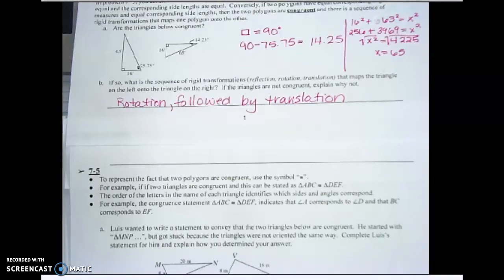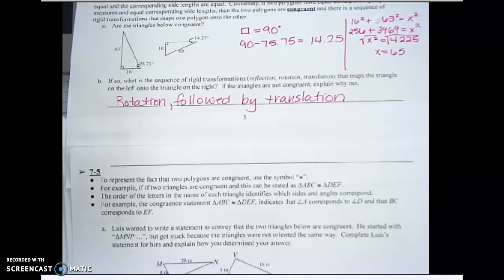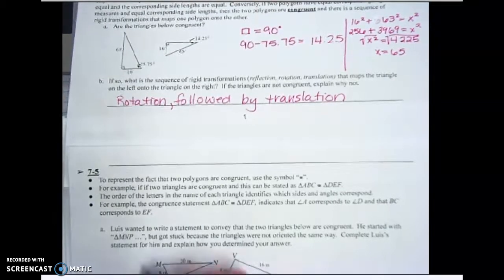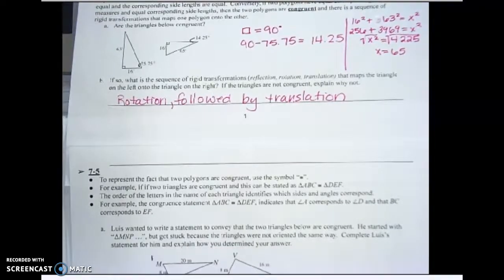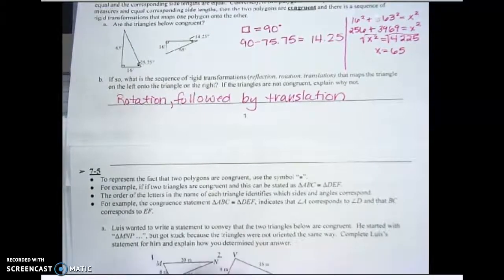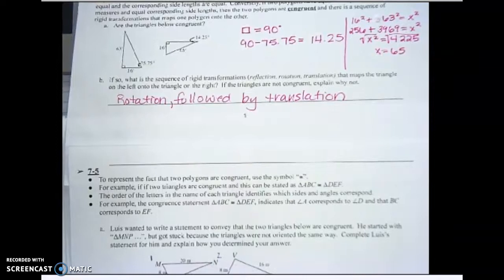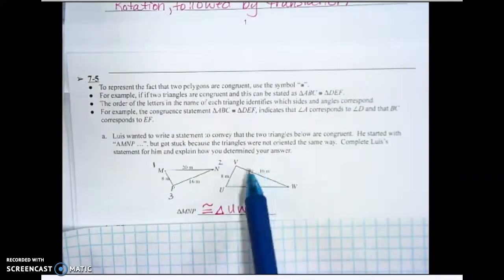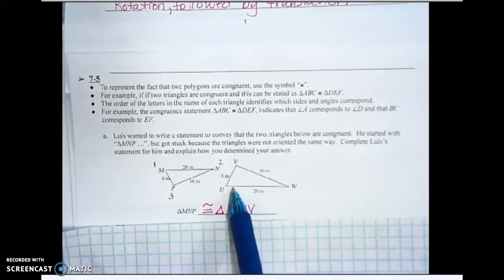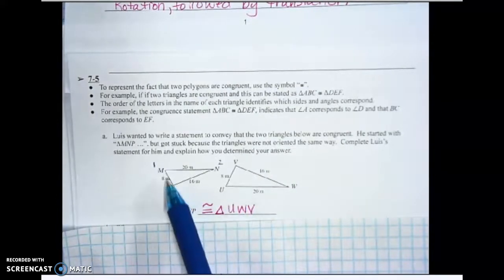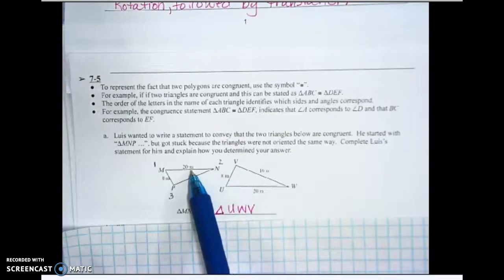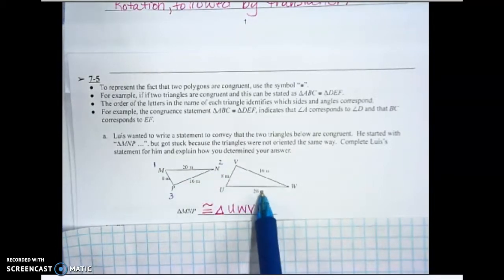Okay? So we're looking at triangle MNP. We're going to say that if this is the first one, this is the second one, this is the third one, we need to match it up to the corresponding sides of the second triangle. So between the first and the second sides, we need the 20 meters, which is right here.